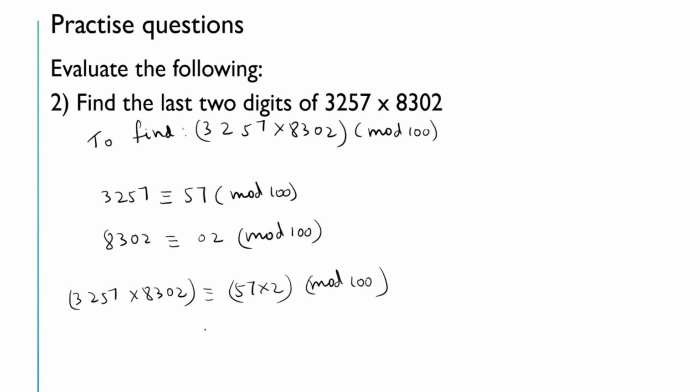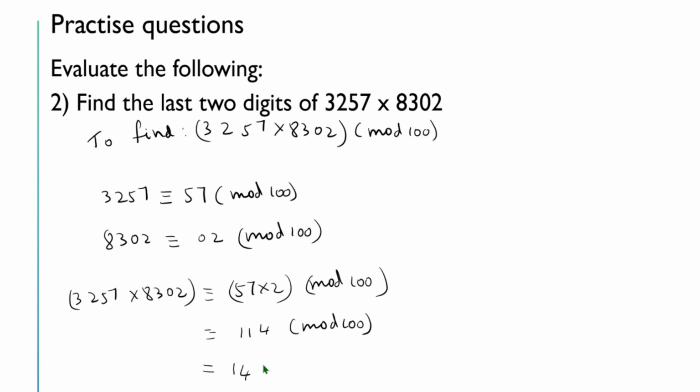So this is congruent to 114 mod 100. When we divide 114 by 100, we get the remainder as 14. So this is equal to 14.